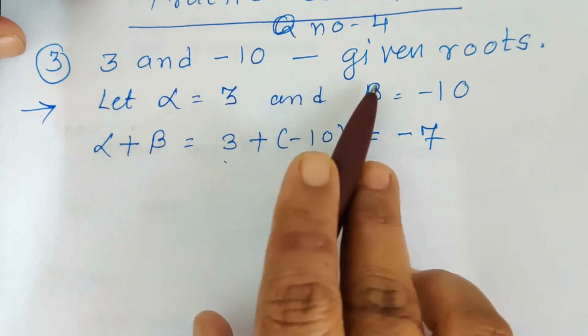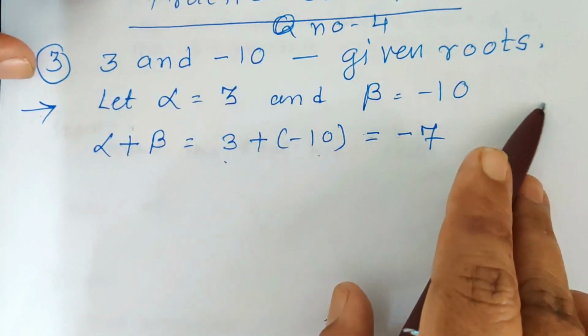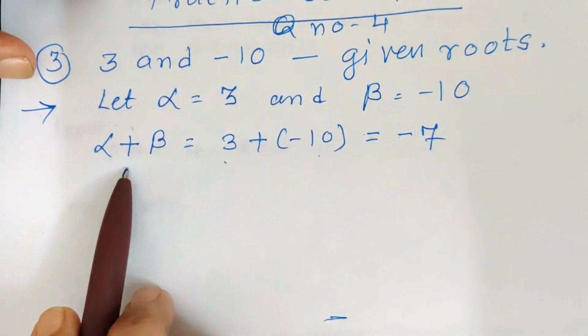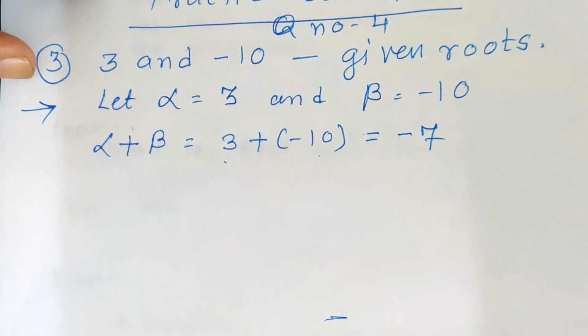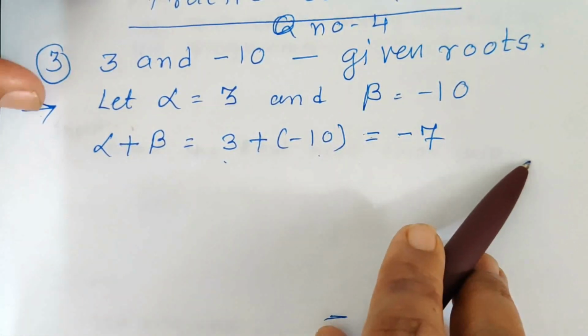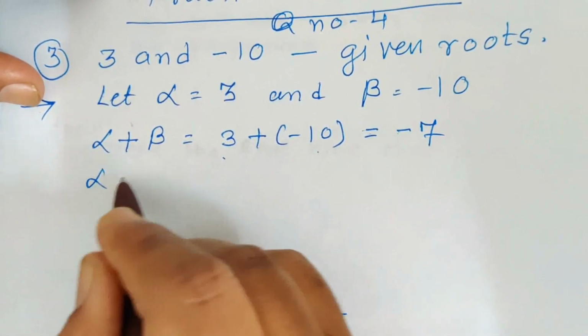Here we have to form the quadratic equation. Yesterday I gave you a formula for how to make the quadratic equation, and in the formula we need the sum of the roots and the product of the roots. So we are finding it and keeping it on one side.